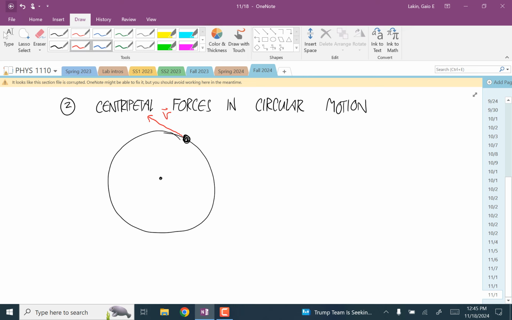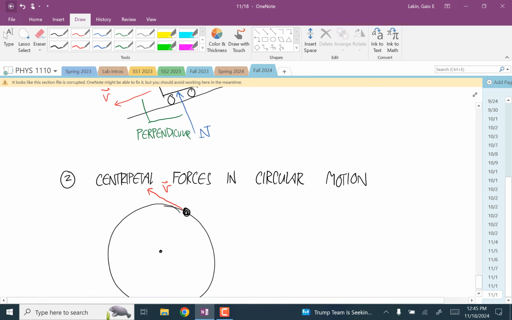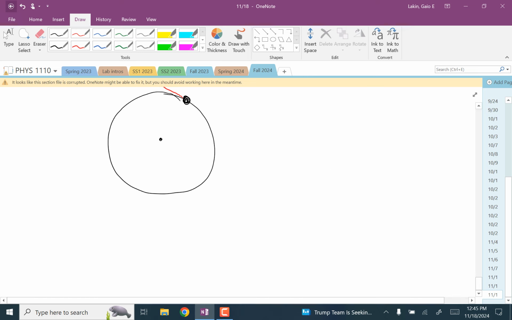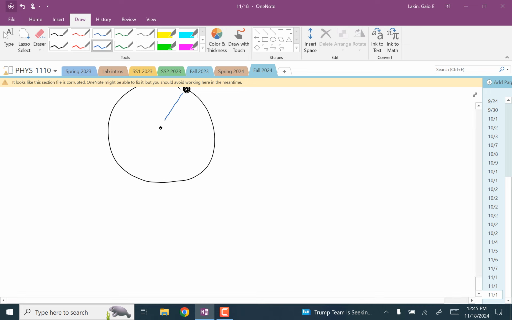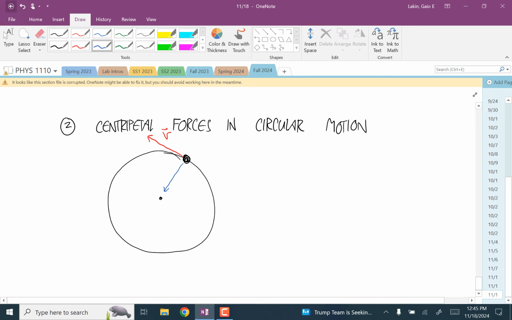So any force that's pointing toward the center is perpendicular to that one. And so it does zero work.